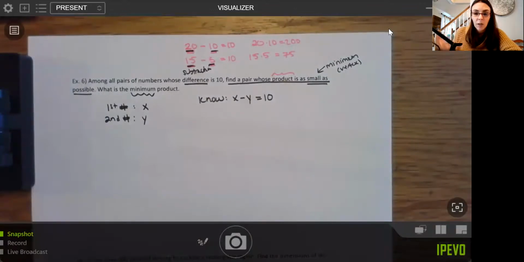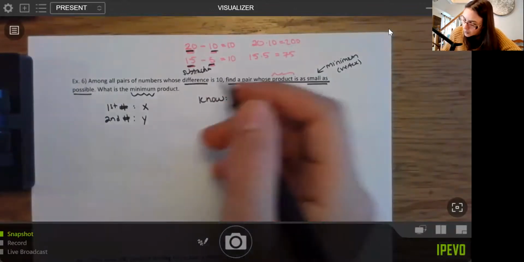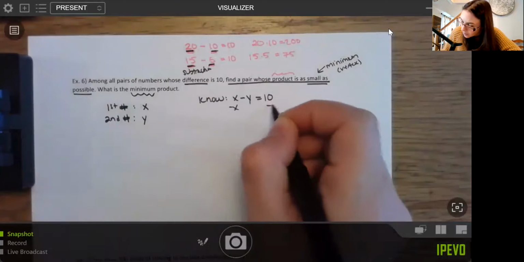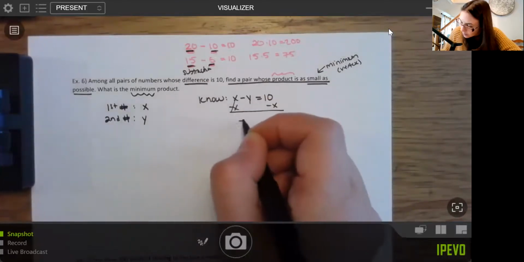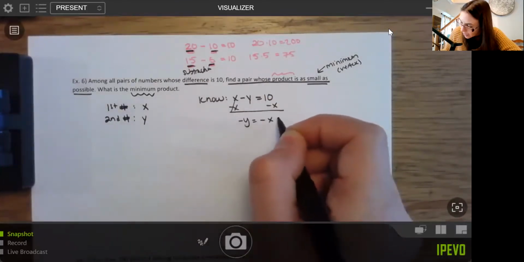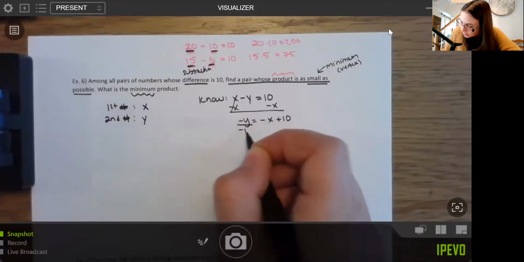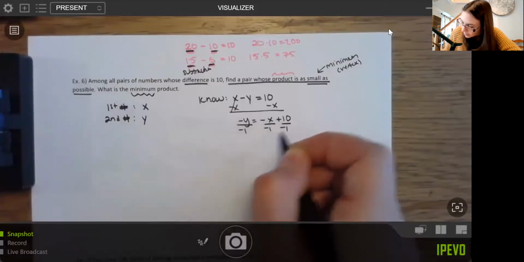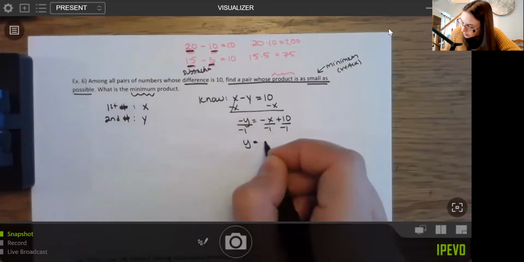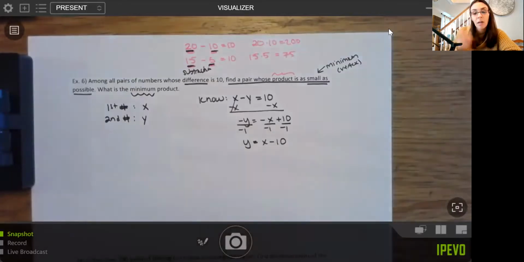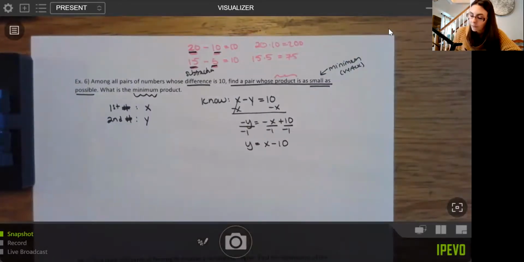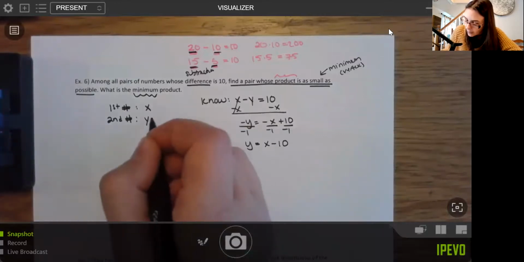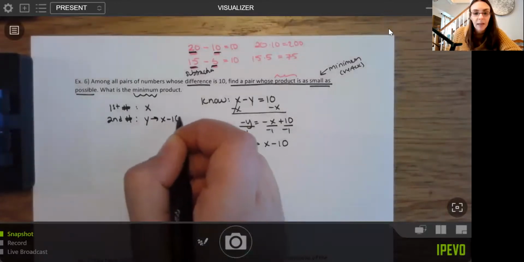So what we're going to do is solve for the y. So I have an equation that I can use instead. So I subtract that x from both sides, divide by that -1, make sure you divide everything by -1, and we get x minus 10 as another way to express y. So instead of using y here, I'm actually going to use x minus 10 in my formula.